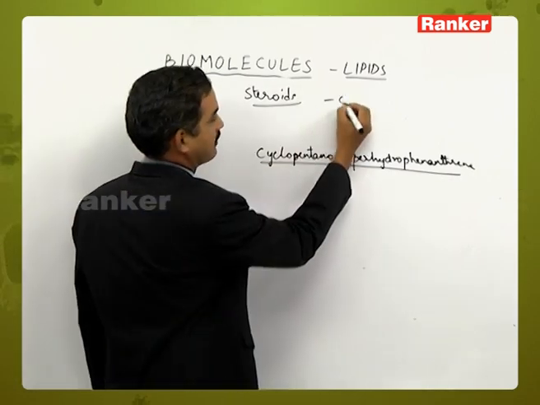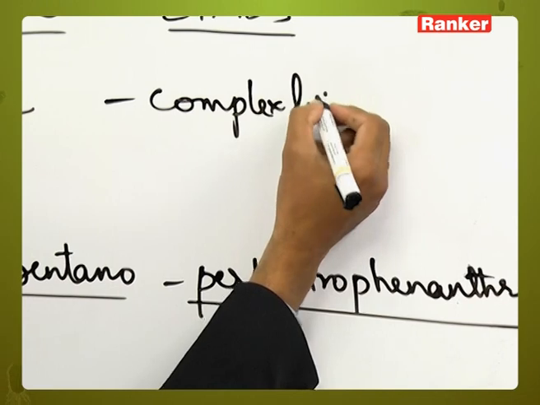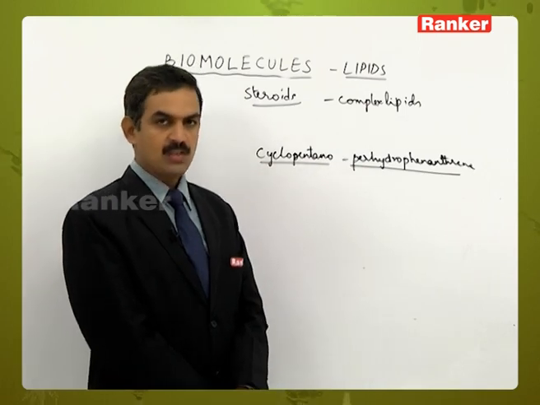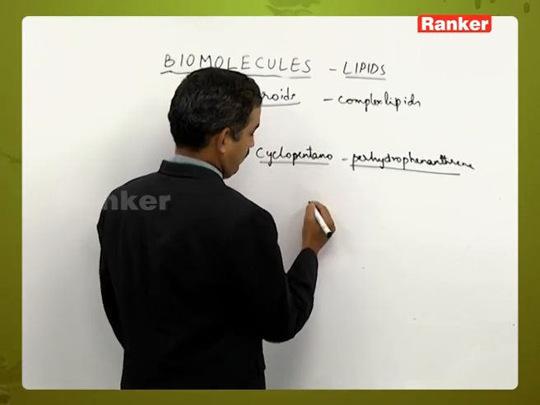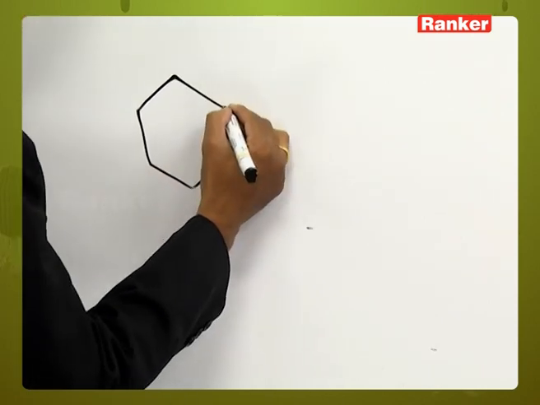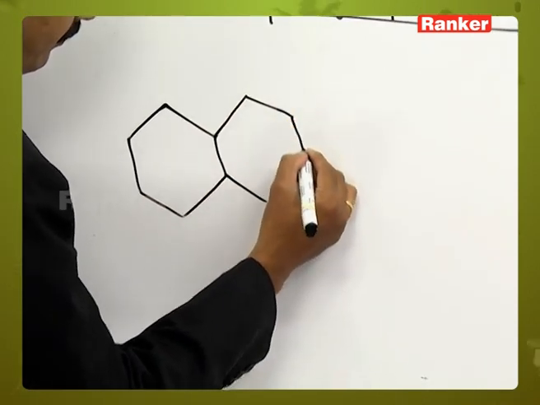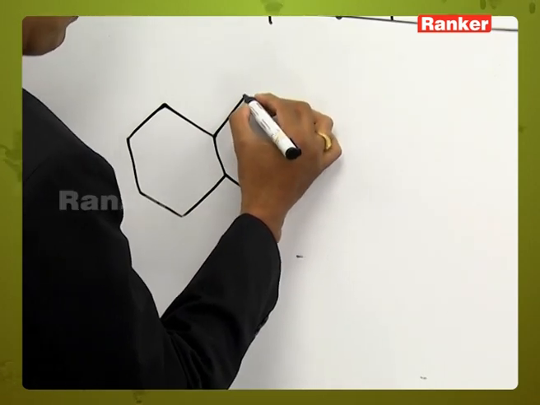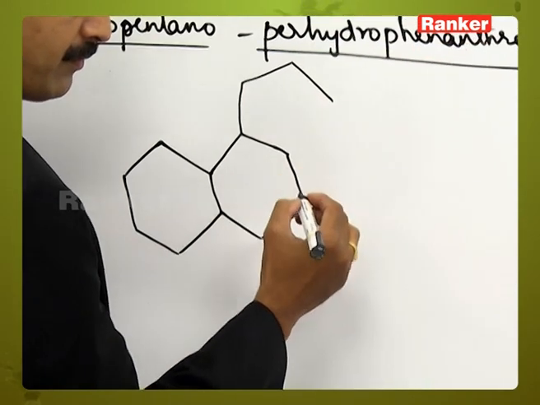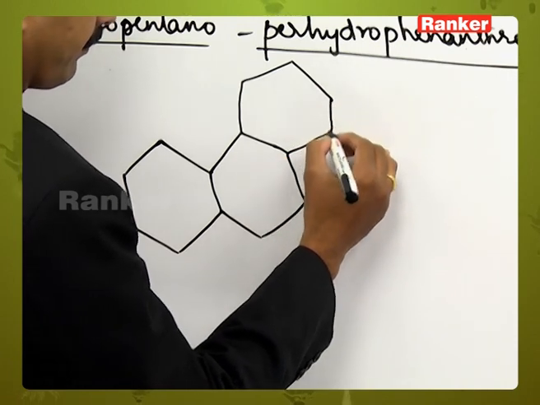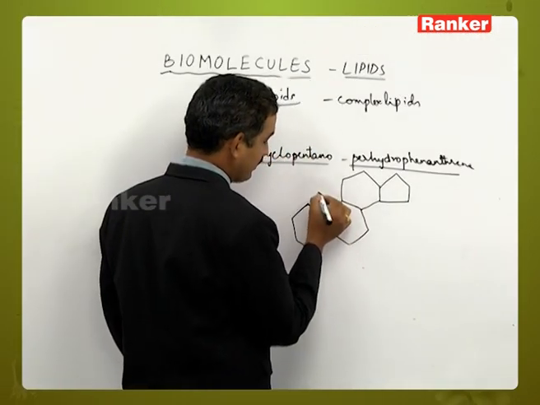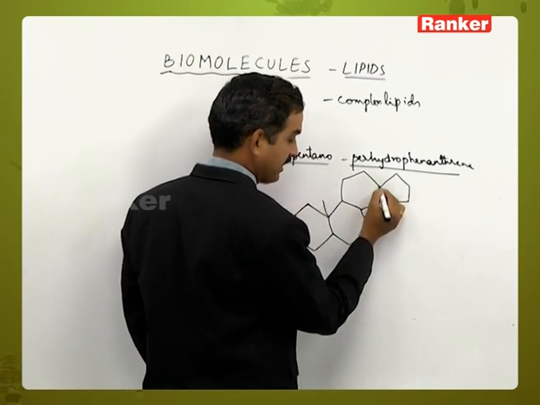Steroids are the complex lipids which are having cyclopentanoperhydrophenanthrene structure. In this one, this is an organization that we can see here which contains hexagonal ring-like structures, where they contain the side chains on both the sides here and here.